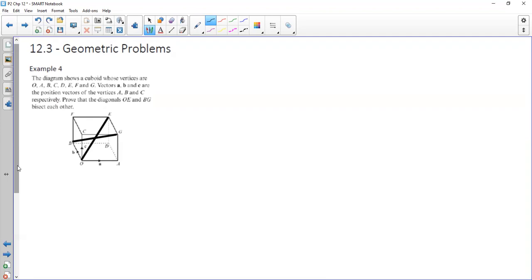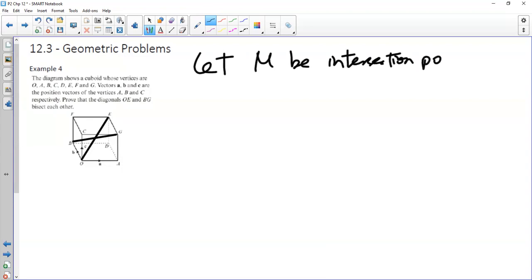So anyway, to prove that they bisect each other, you start by saying let M be the intersection point. So that M is right in the middle. Then we can start letting our two equations again. Can anyone tell me what equations I should be letting?